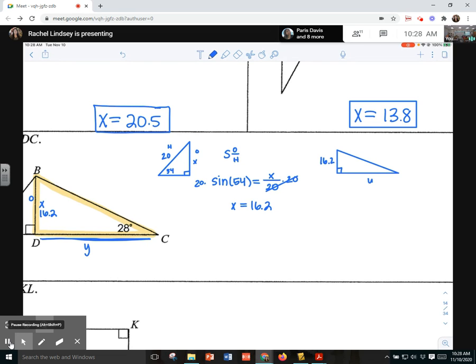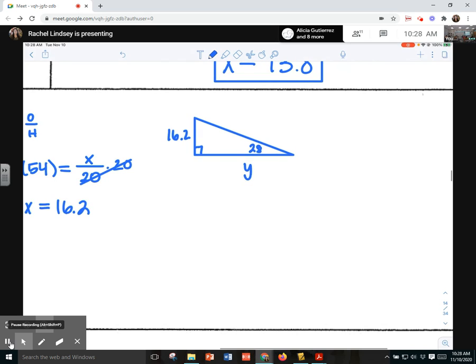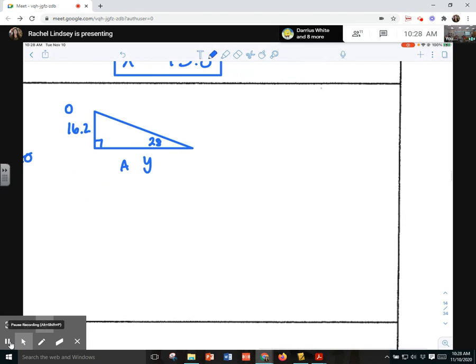I need to find this one, and this angle is 28. So, got that angle 28, y would be my adjacent, 16.2 would be opposite. So I have to use tangent. So tangent of angle 28 equals opposite 16.2 over adjacent y.